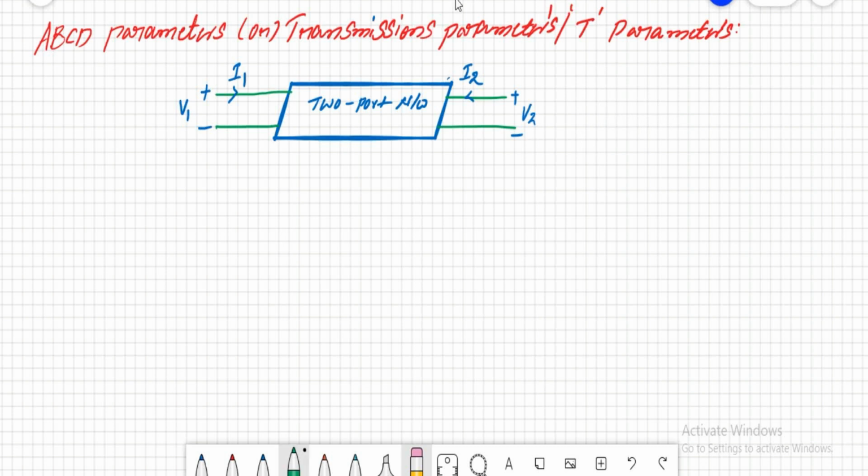So this is the standard notation we have seen for your two-port network with the 4 variables V1, I1, V2 and I2. Here you have to consider some difference compared to your previous discussions.